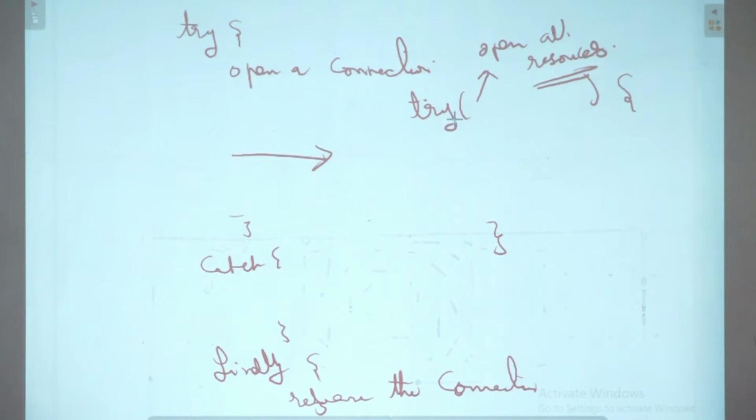You don't have to worry about release. And this block does not need a catch block or a finally block, because of its purpose. If you want you can add them, but it's not mandatory. Especially finally is not necessary, because what is finally's job? Release the resources. So this automatically does it here.